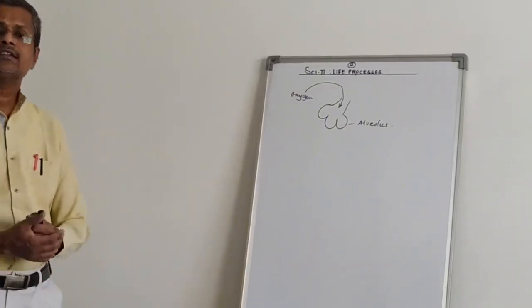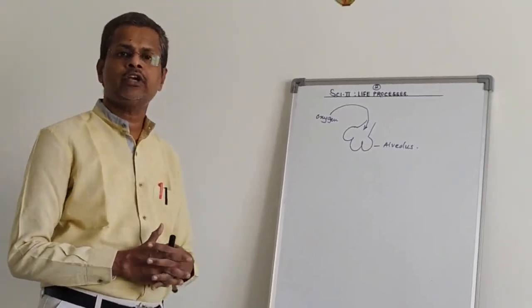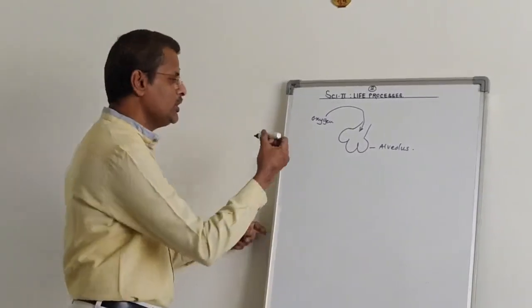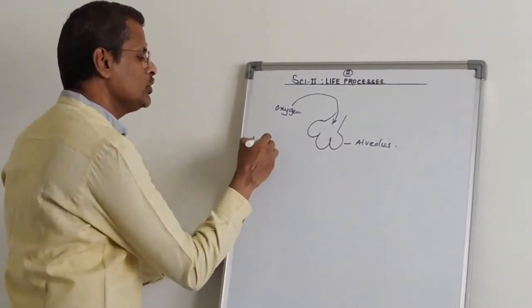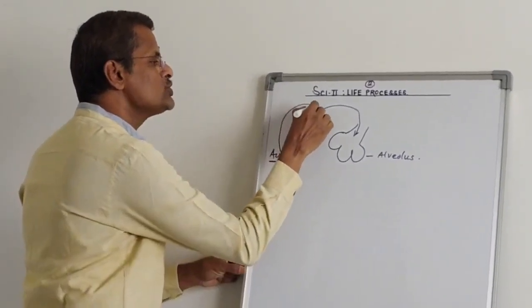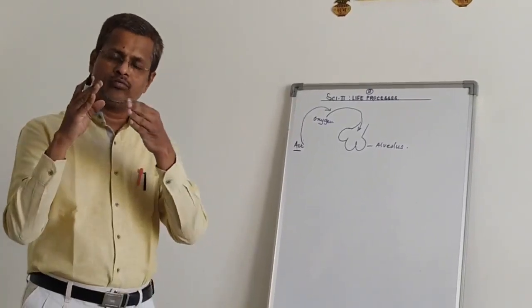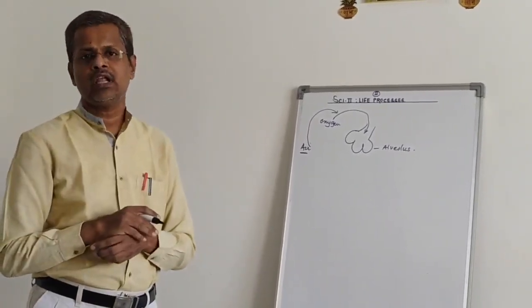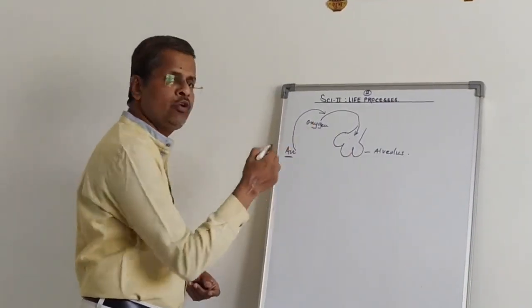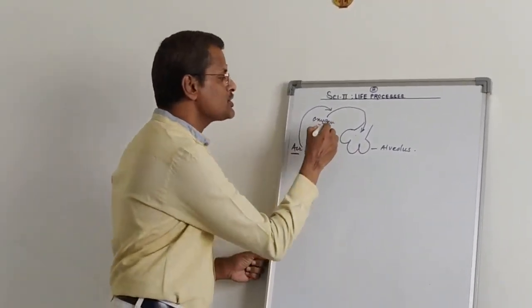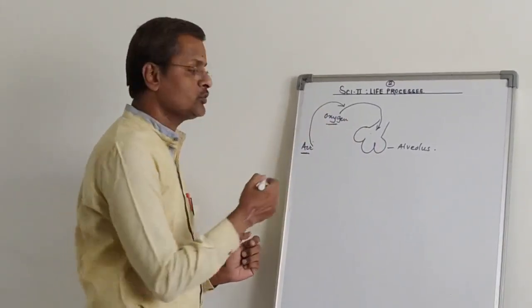Now, let us see exchange of gases occurs at different levels. The air which we inhale goes into the lungs as well as the bubbles which are present in the lungs, they are called alveolus. So air enters into alveolus. Here oxygen is being separated from the air.